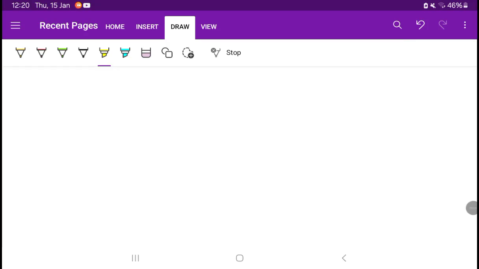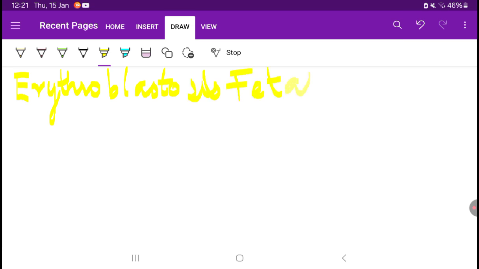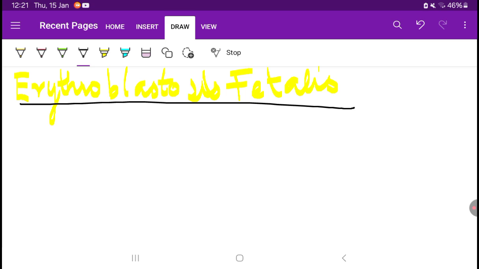So today we are going to learn about Erythroblastosis fetalis. What is this?